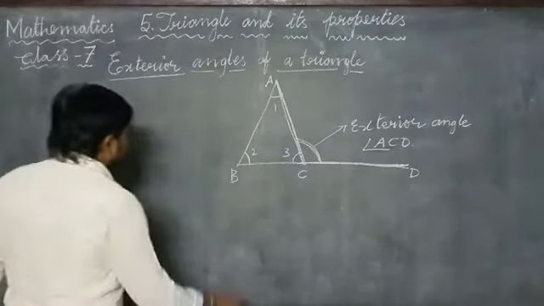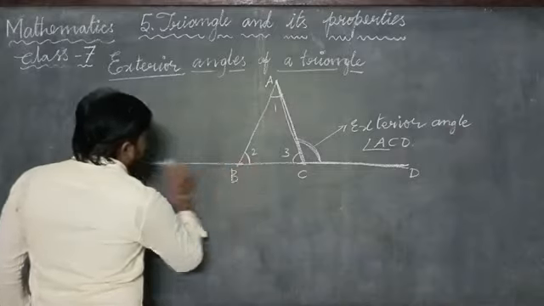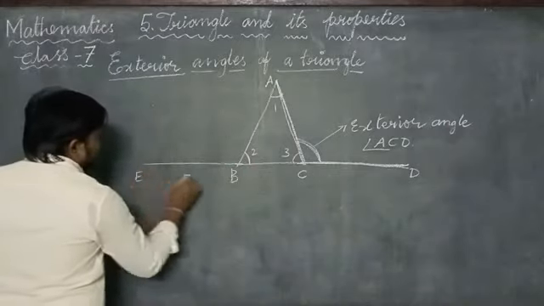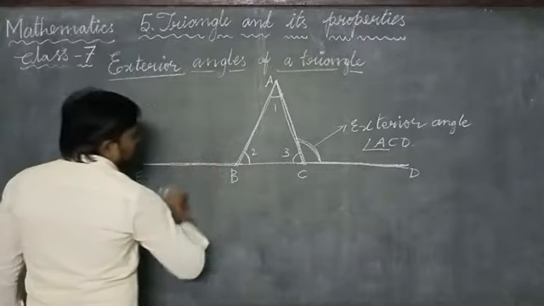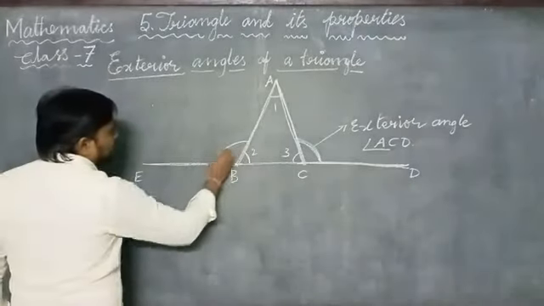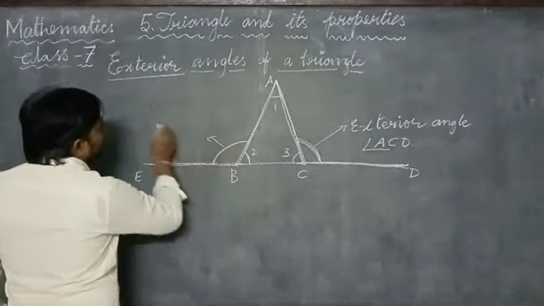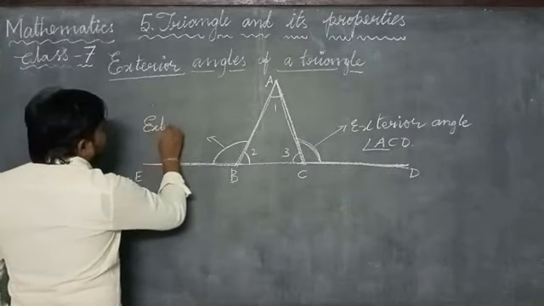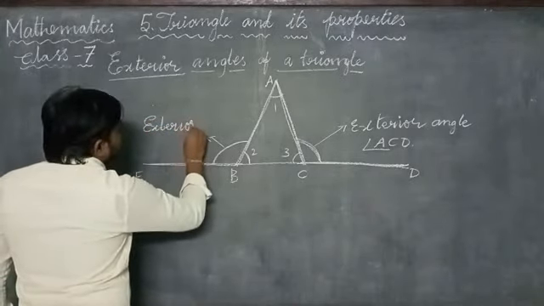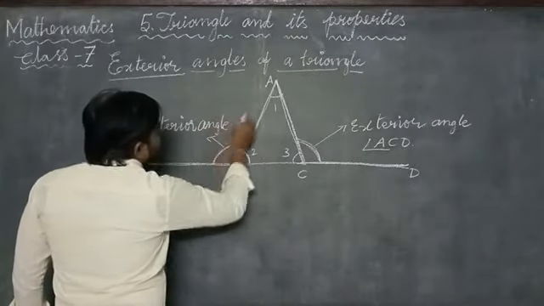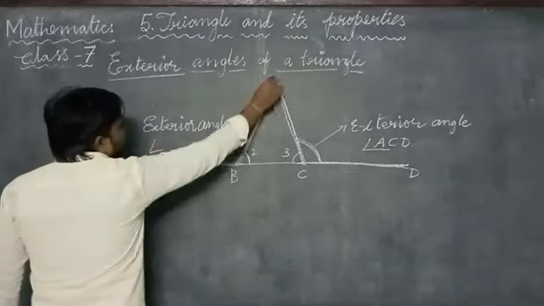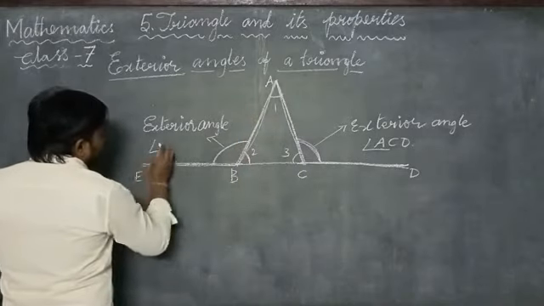Okay, suppose you extend the line segment up to E, here E, this is also one of the exterior angles. This is also an exterior angle of a triangle. The exterior angle is angle ABE.